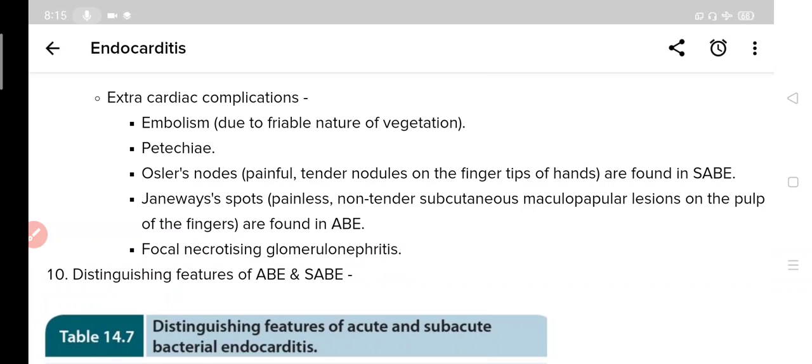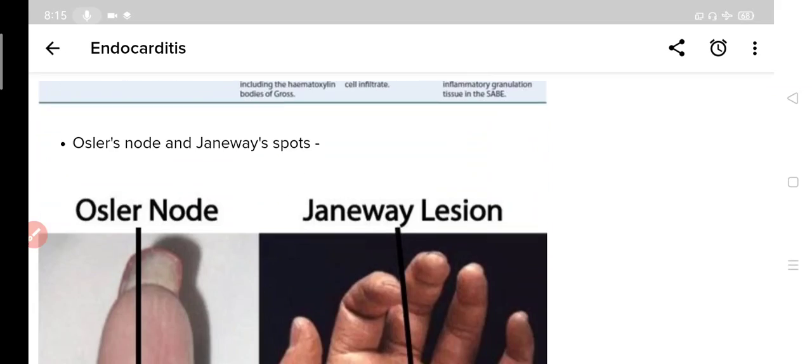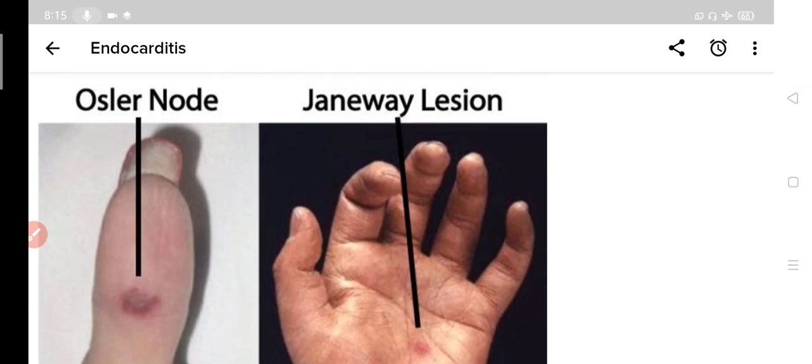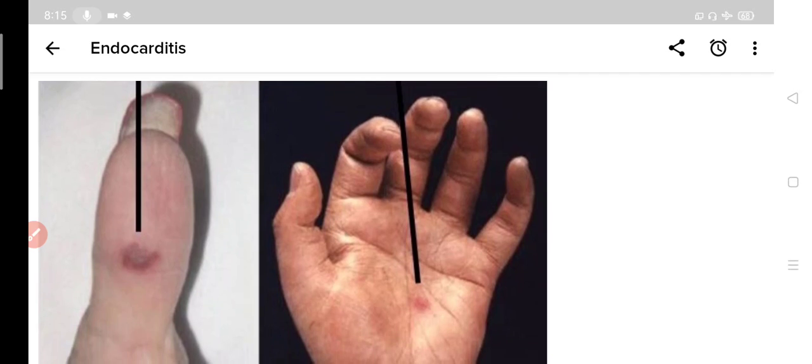These are Janeway's spots, and they are found in the acute type. The last extracardiac complication is focal necrotizing glomerulonephritis. Here is an image of Osler's node and Janeway's lesion. You can see the image on the left is Osler's node, and the image on the right is Janeway's lesion.